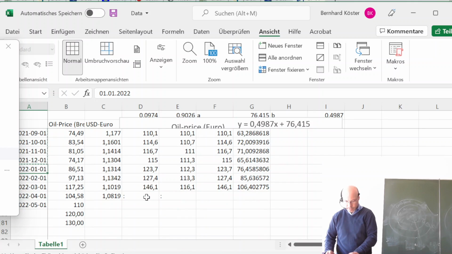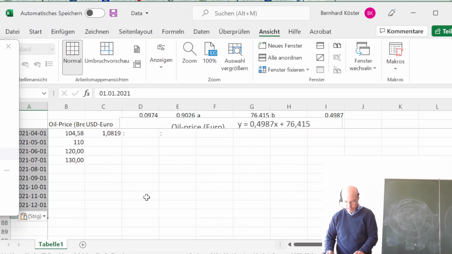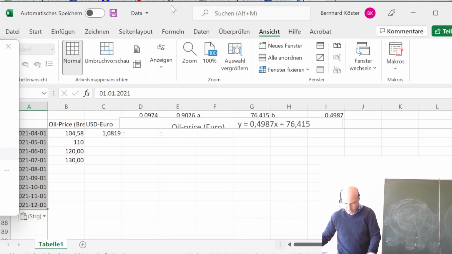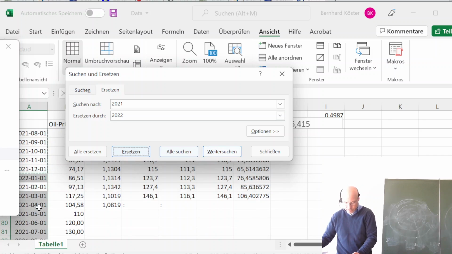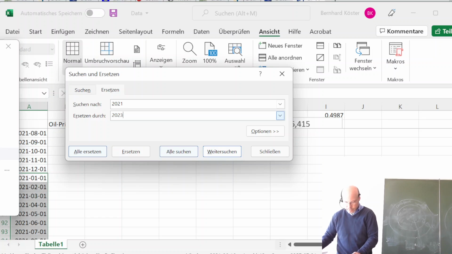So then we have to do this, and let's change to 2022, and we also want to have the forecast for 2023.